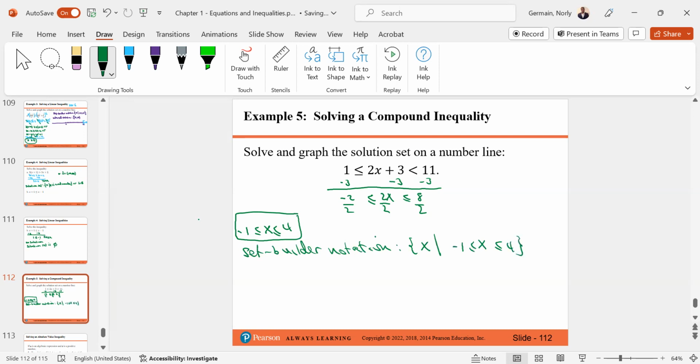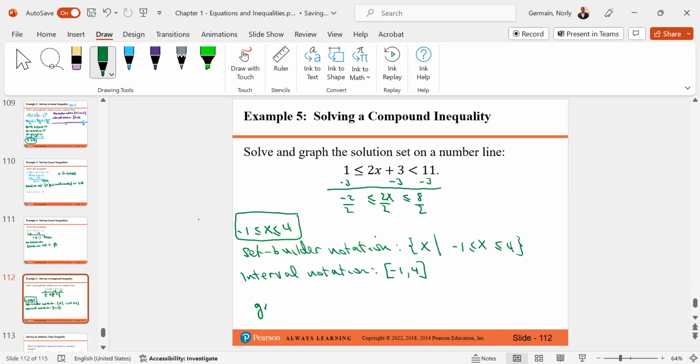And if you write the solution set in interval notation, remember interval notation, how would you write the solution set? It is the closed interval from -1 to 4. Okay, this is set builder notation. And you can also graph it.